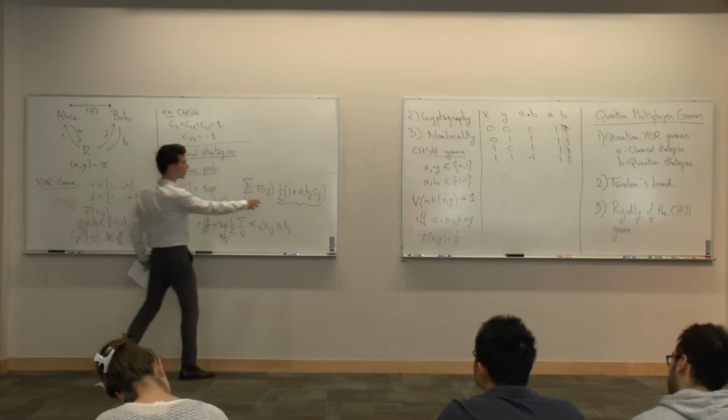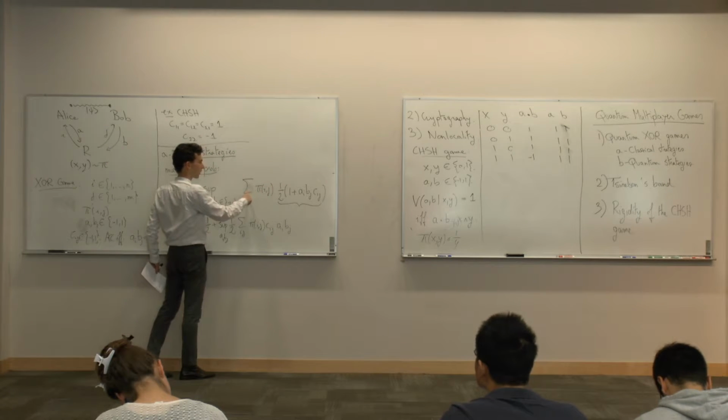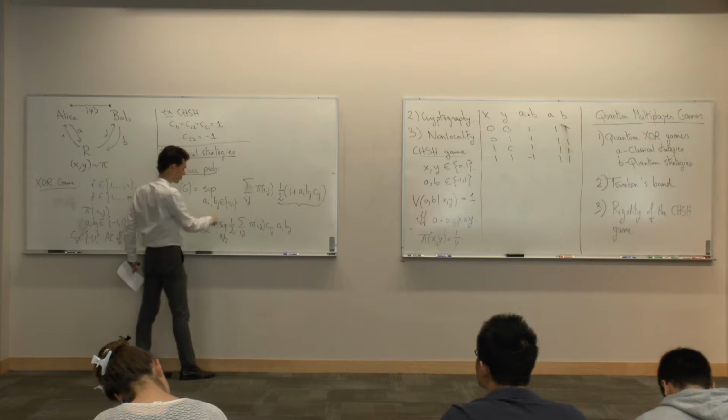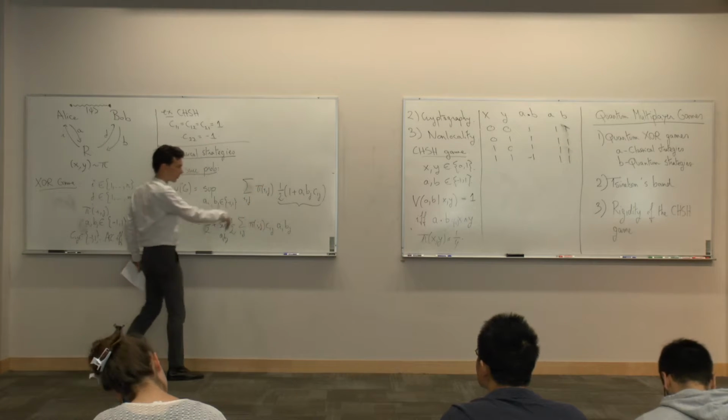I just expanded the addition, and the first part just has a sum of the probabilities divided by 2. This is a distribution, the sum of the probabilities is 1, so I just get 1 over 2, and then I just copied the other half here.